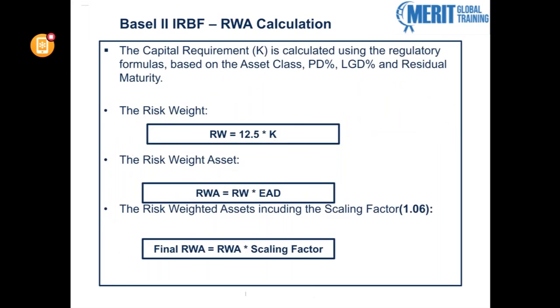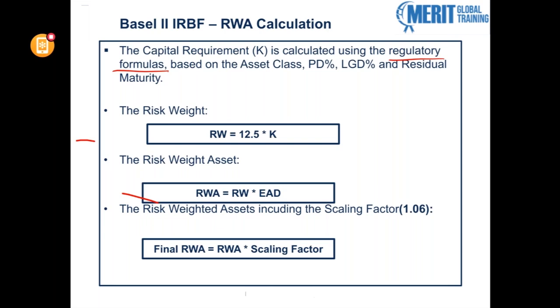Okay, so let's move on to the RWA calculation. Like I've mentioned earlier on, capital requirement is calculated using the regulatory formula, which was in the previous slide. It is given to us by the regulators. All the banks in the whole world that are implementing Basel requirements use that same formula to calculate risk weight under their foundation approach.